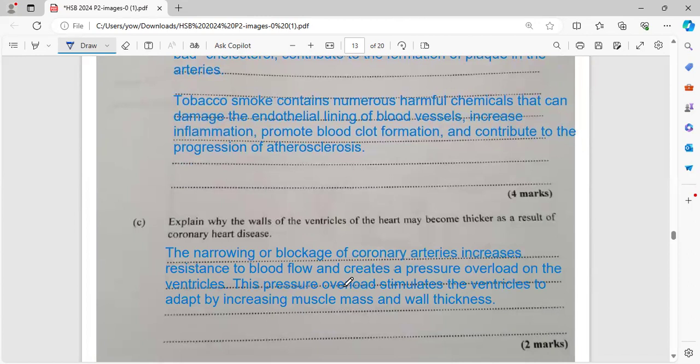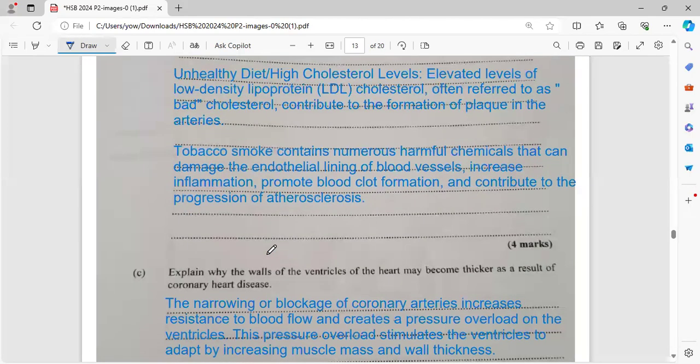Explain why the walls of the ventricle of the heart may become thicker as a result of coronary heart disease. So the narrowing or blockage of the artery increases the resistance to blood flow. So therefore, the heart is going to create pressure, because the arteries are getting narrow. They are not wide anymore.